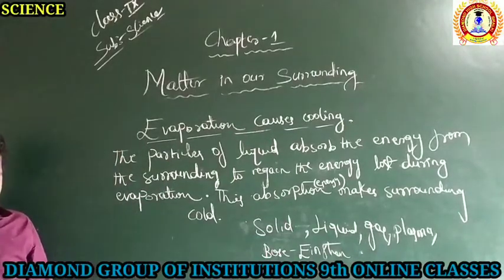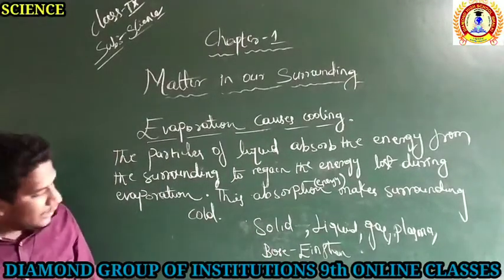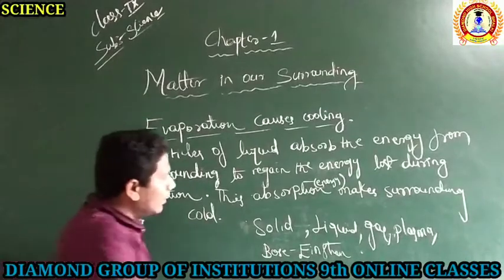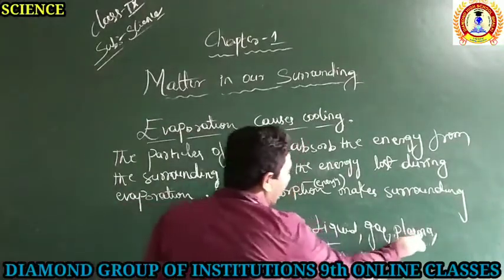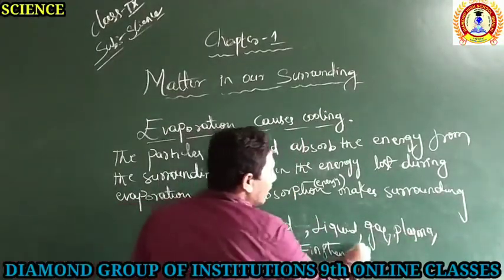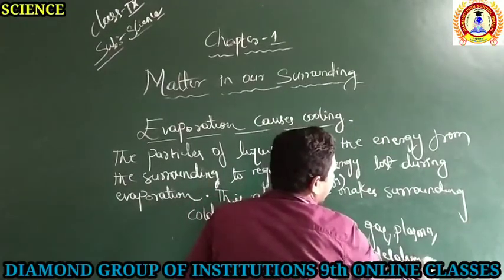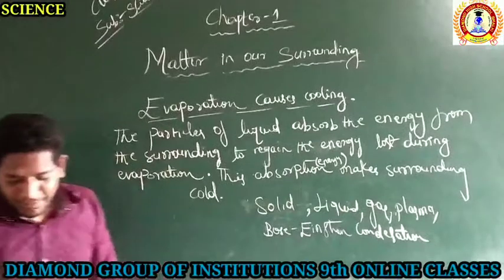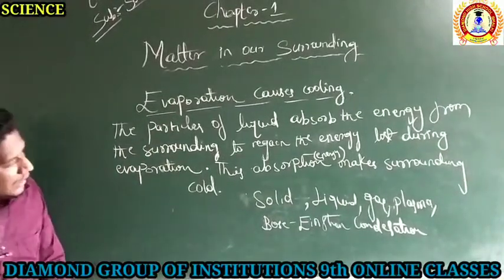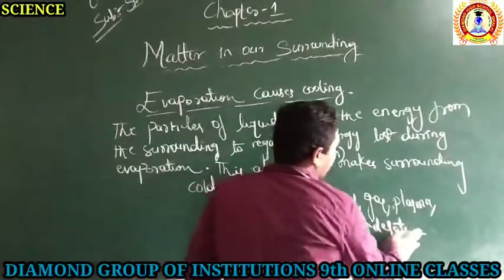So these are the 5 states of matter: solid, liquid, gas, plasma, and Bose-Einstein condensate.